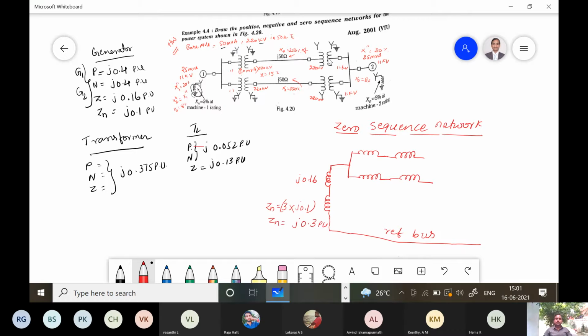In this case, for transformers 3 and 4, the primary side is star, and it is not grounded. Therefore the series switch will be open.